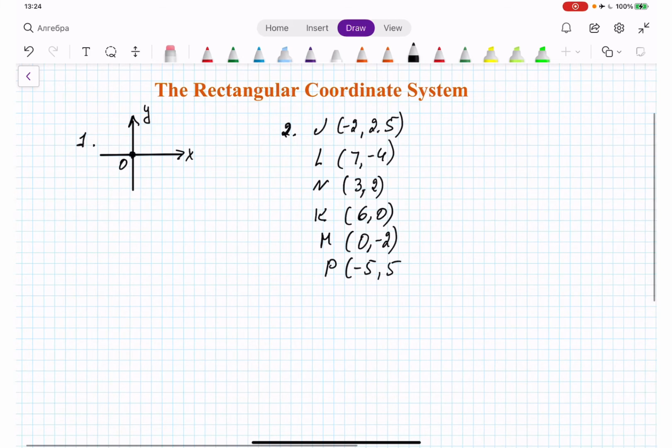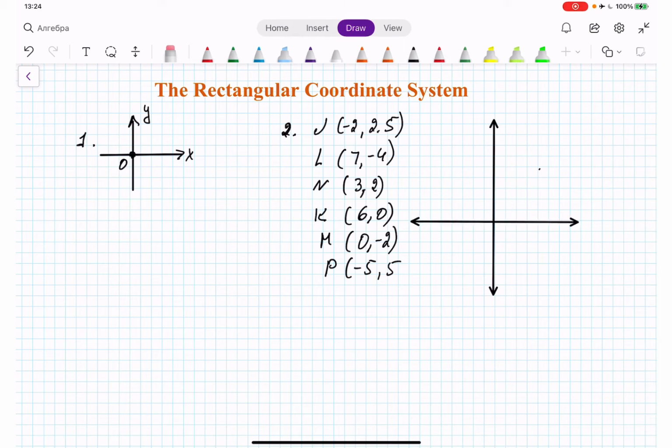Okay. Let's plot every single one of them.